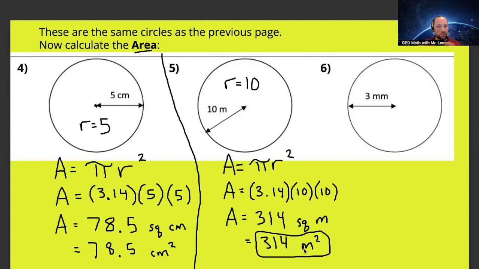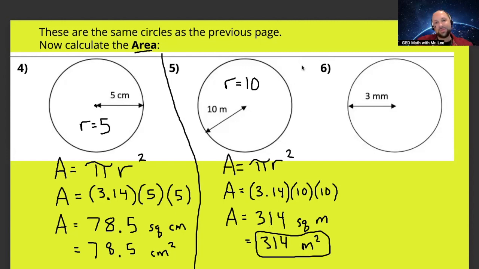The number is still 314. It is not 314 to the second power. The second power is just part of the label. It's a label on the units. It's letting us know that the units are squared. Inside this circle right here, you could fit 314 square meters. 314 squares would fit inside that circle.